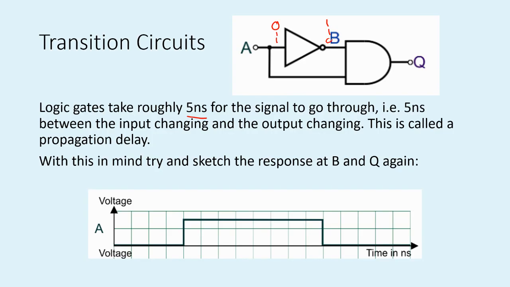Then you give it a moment longer and it will react. So this is called the propagation delay. And this is true in all circuits. It just takes a moment or two for it to respond. So with this in mind, try and sketch the response of B and Q again. Again, pause the video and have a go at it.